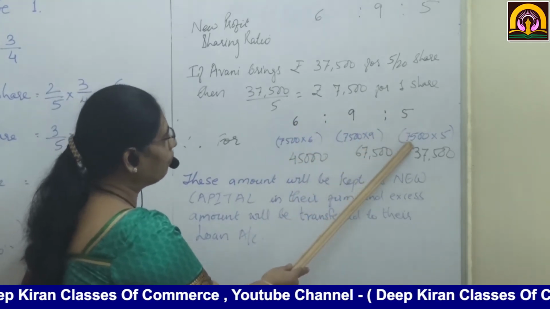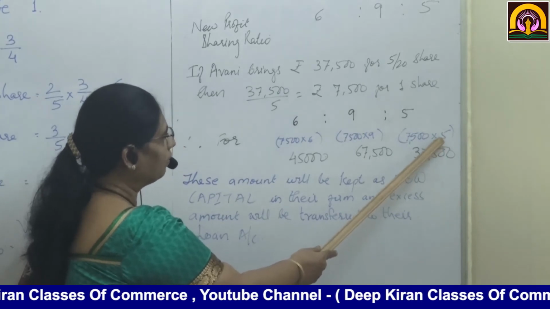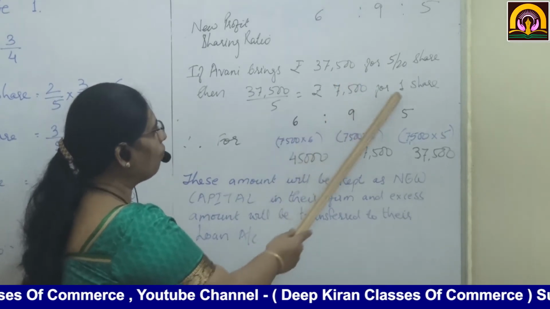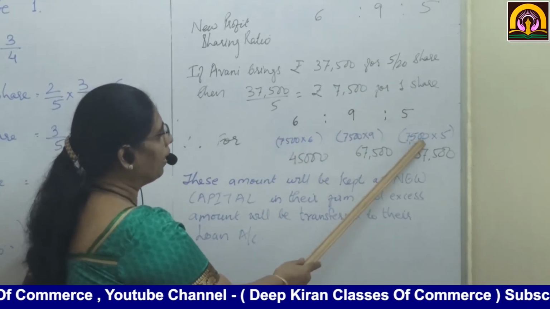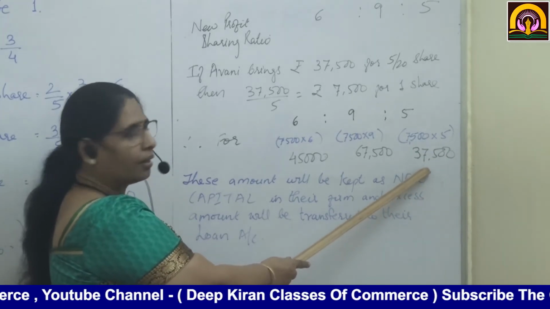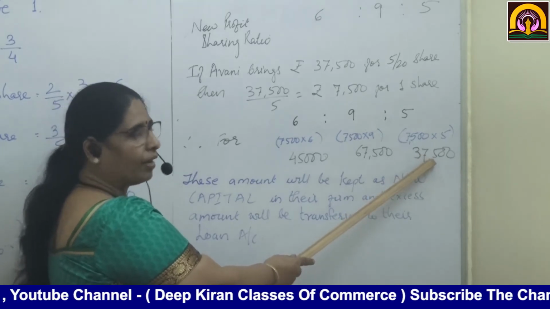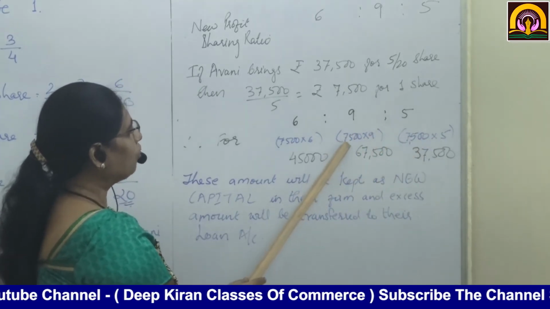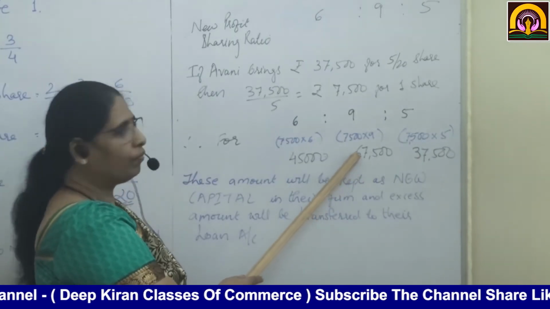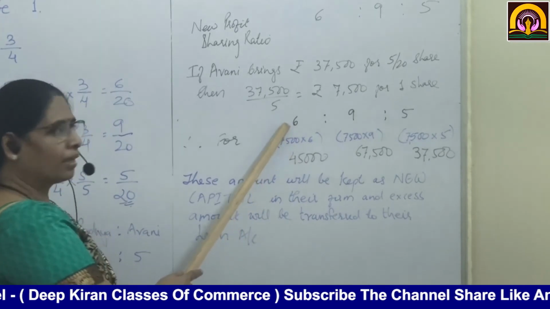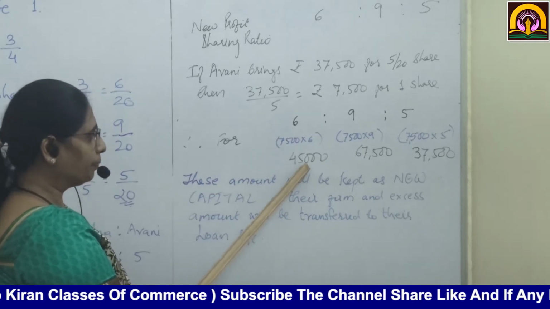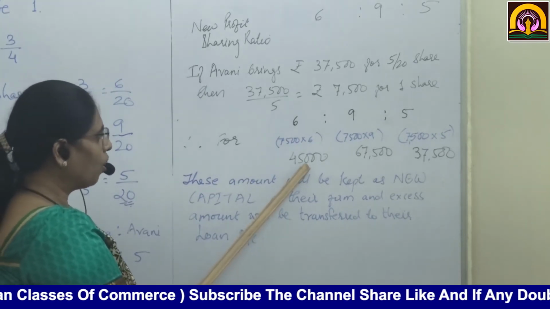So 7,500 into 5, because this 5 is the ratio, and 7,500 is one share. This is the actual capital that he is bringing, 37,500. So for the 9 ratio, the capital of Pradnya should be 67,500. For Vikram's 6 ratio, the capital will be 45,000. Is it understood by you all?